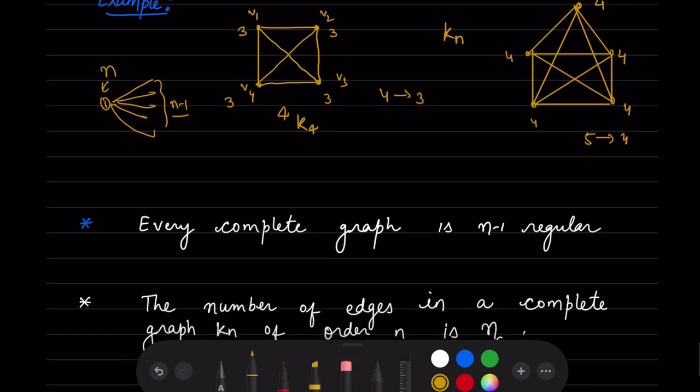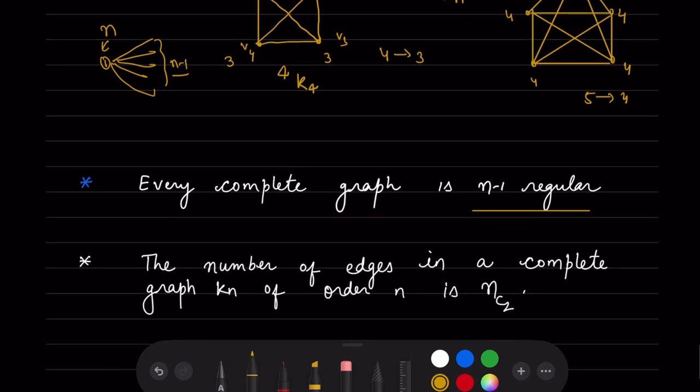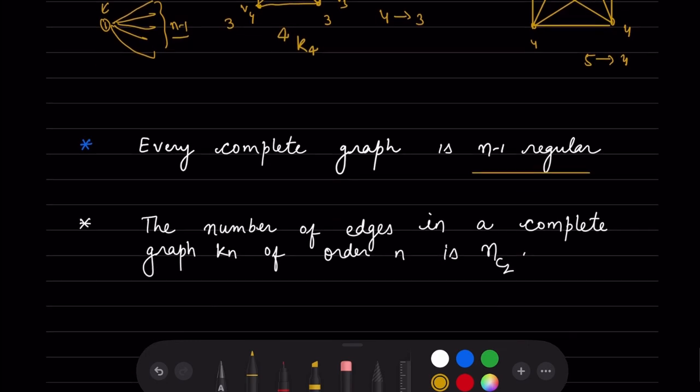The next observation is that every complete graph is n minus 1 regular, meaning that if we have n vertices, the degree of each vertex is n minus 1. Next, the number of edges in a complete graph Kn of order n is nC2, which is n into n minus 1 divided by 2.